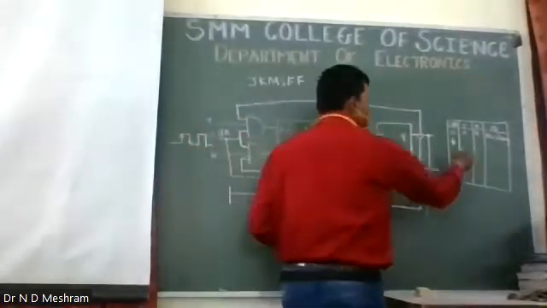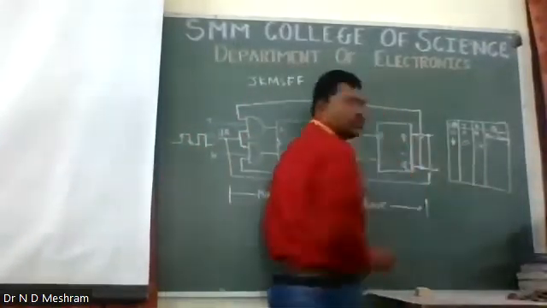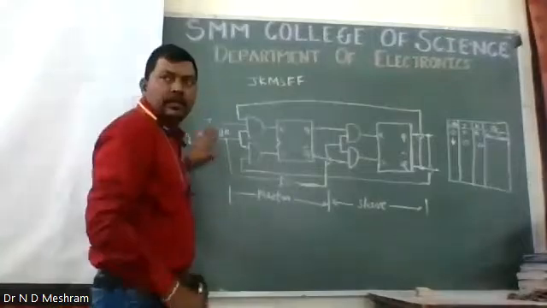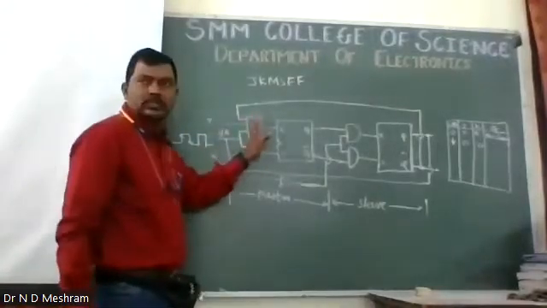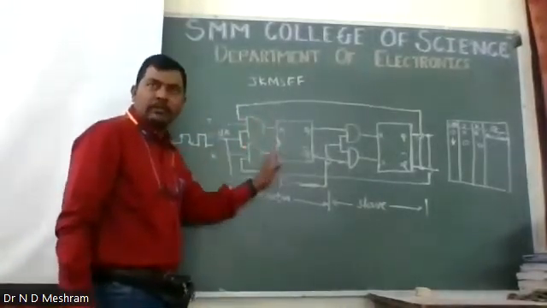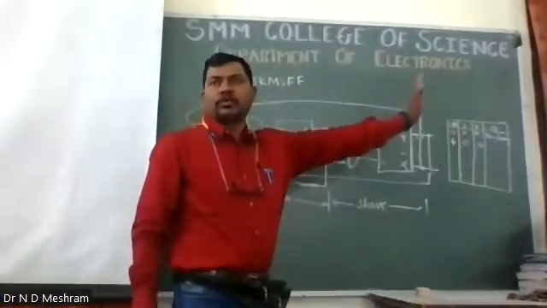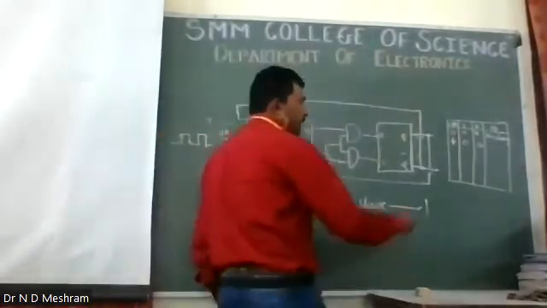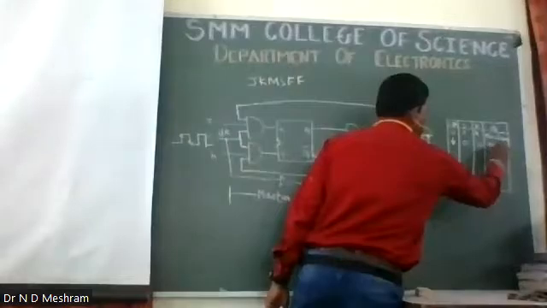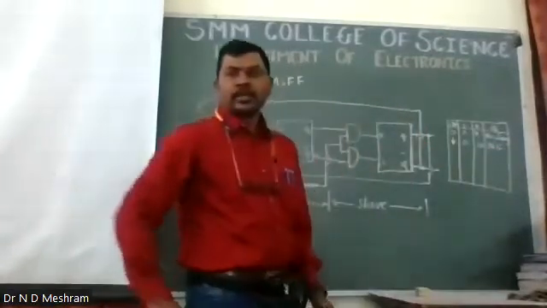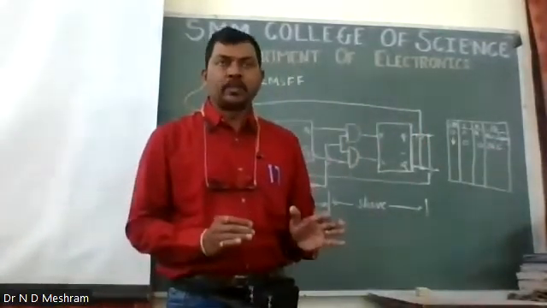Consider the first condition, when J and K are 0, 0. When both are 0, the output of this gate will be disabled and this will remain as it is, so all the outputs remain as they are. We can write that it is NC, that is, no change, right?